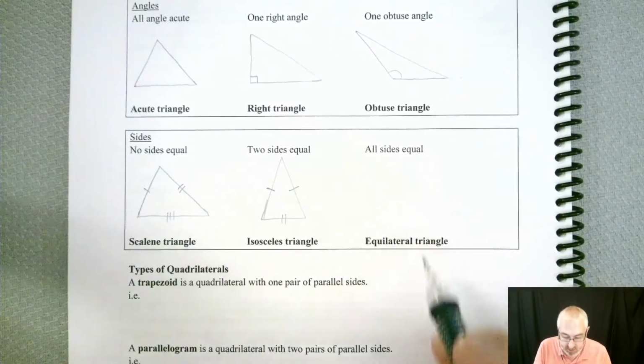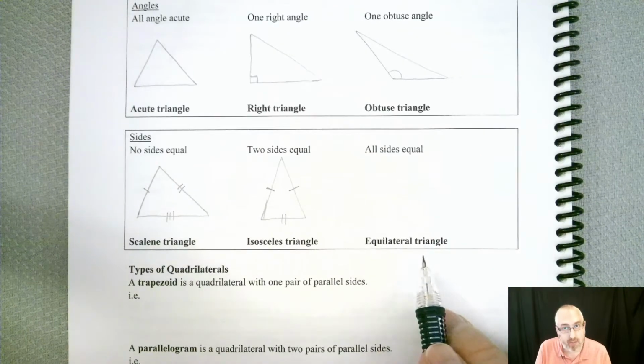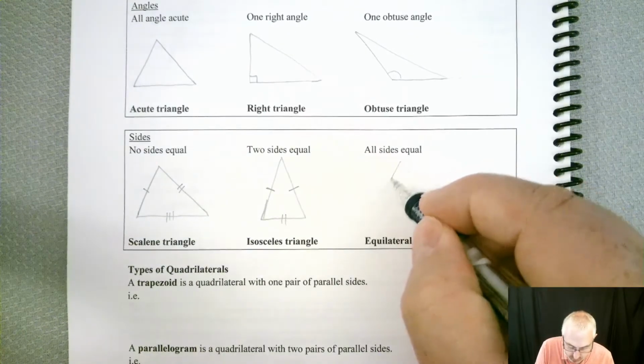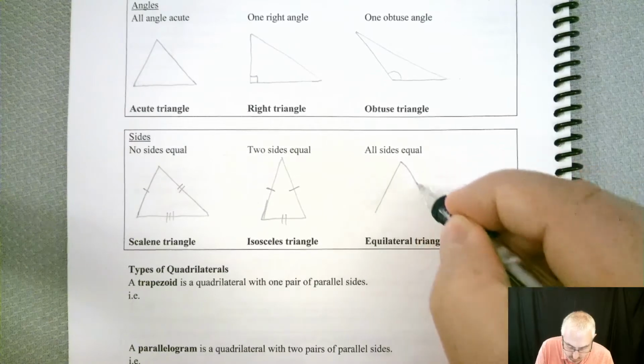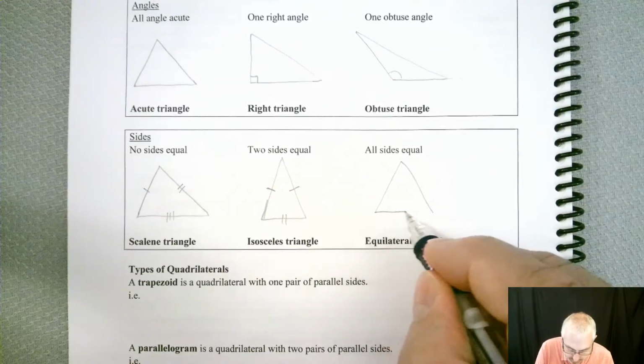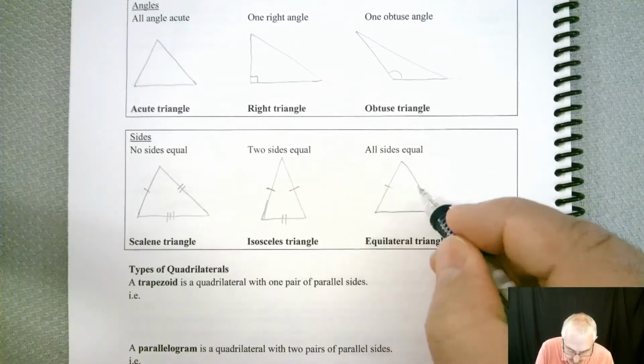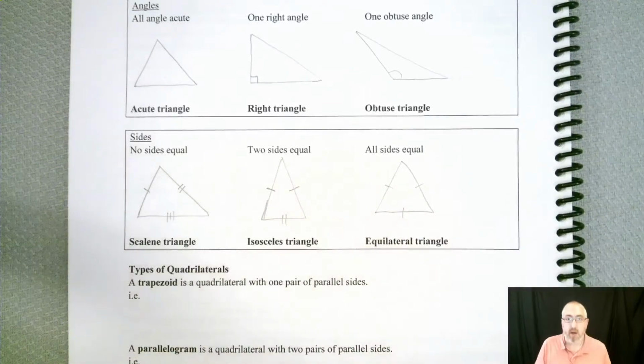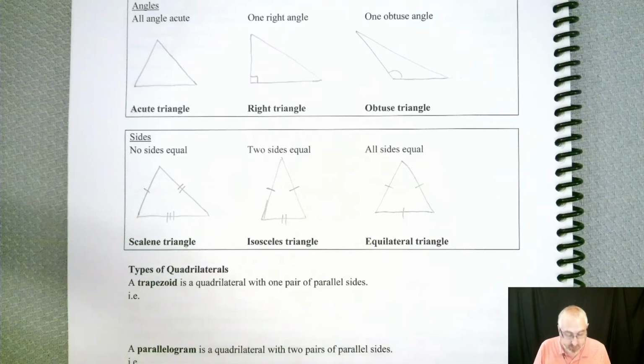And then the third case, which you've probably heard of, is an equilateral triangle, and that's when all three sides are the same. So they all get a single dash. So that would be for triangles.